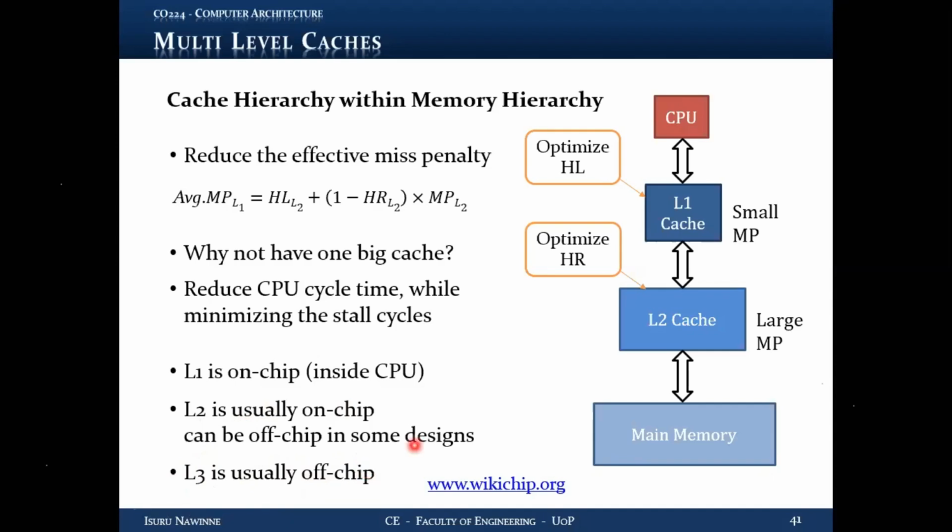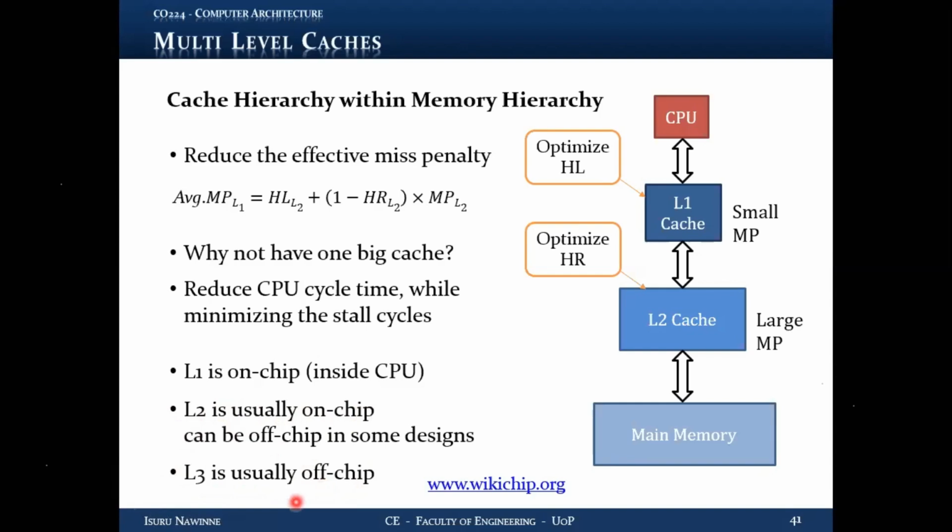In those cases, you have a level 1 cache per CPU core, then shared level 2 caches, usually one shared level 2 for instructions and one shared level 2 for data, and a level 3 shared between instructions and data can be on chip as well. So different designs have these different implementations.